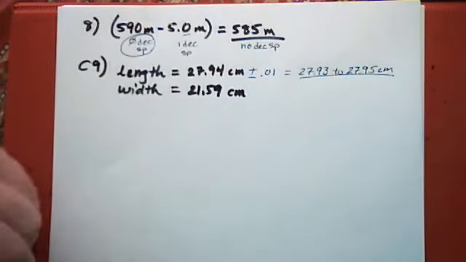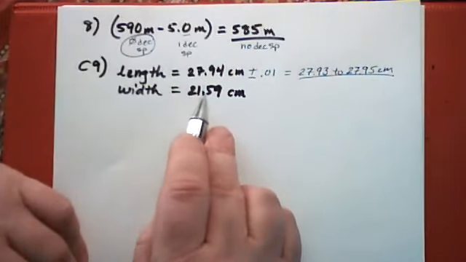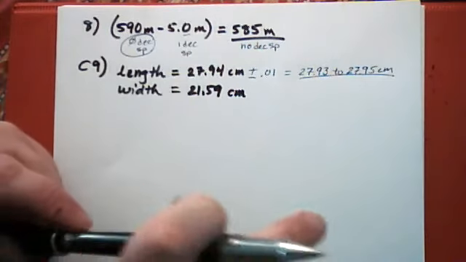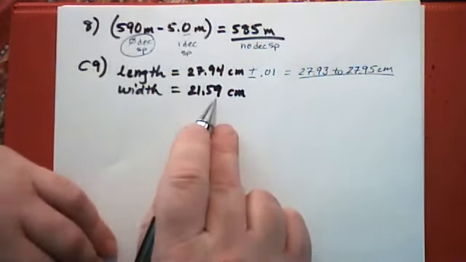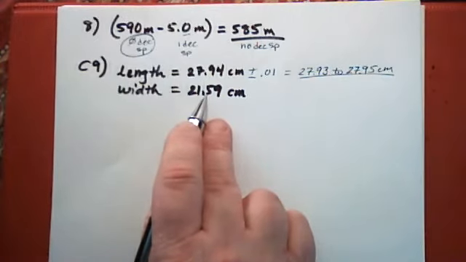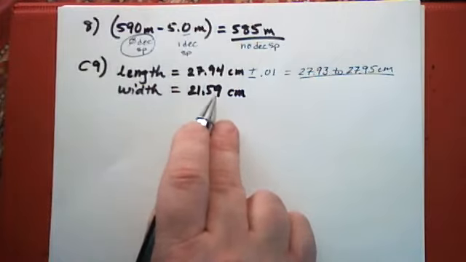So again, the 21 would be the markings on the centimeters. The 0.5 would be the smallest marking on the ruler, the millimeters or tenths of a centimeter, and it should go almost to 21.6 exactly, but not quite. And so I would end up reading that as 21.59.